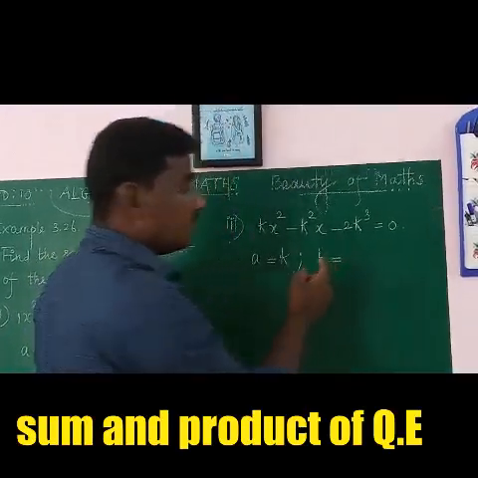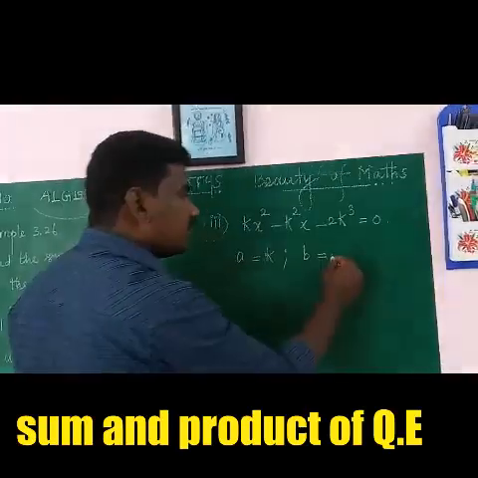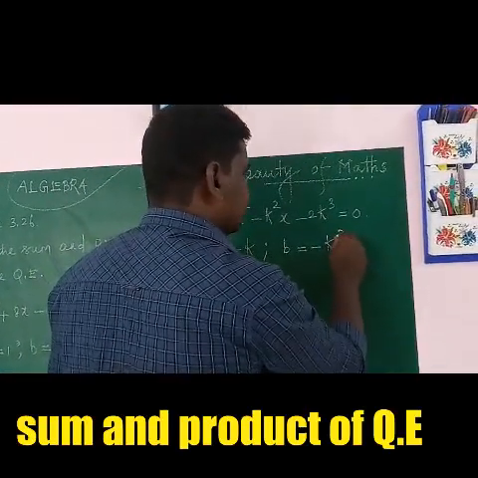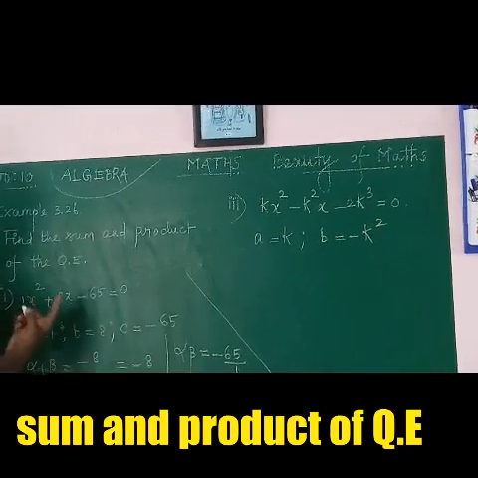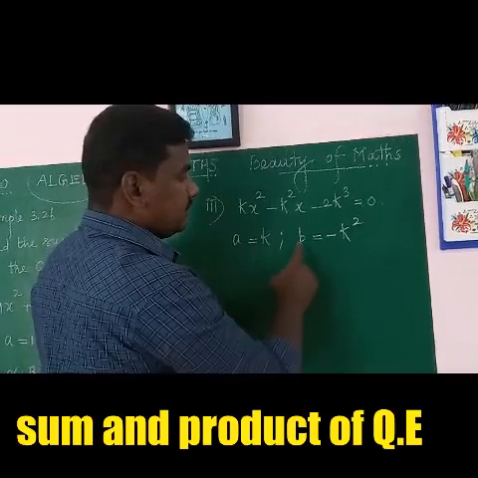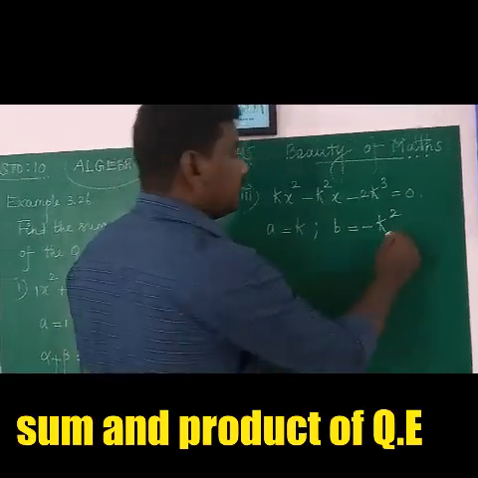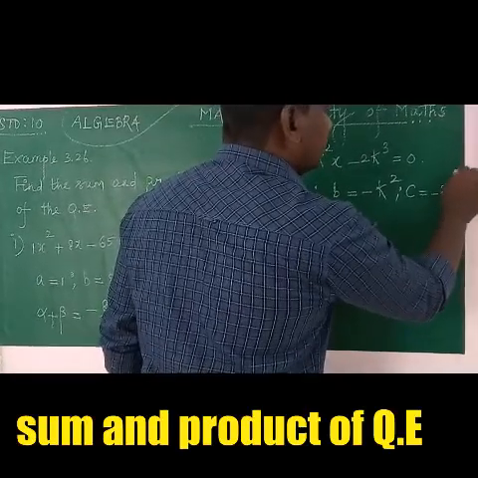And b is equal to the coefficient of x, that is minus k square. In the last problem, plus was there, so we need not mention that. But here minus is there. You should mention b is equal to minus k square. And c is equal to minus 2k cube.